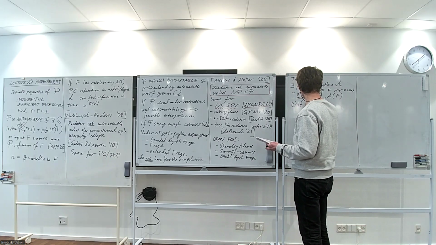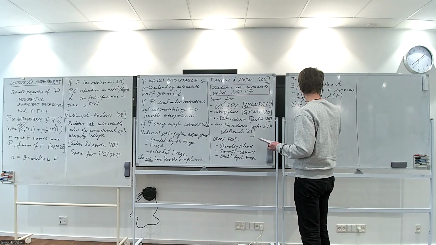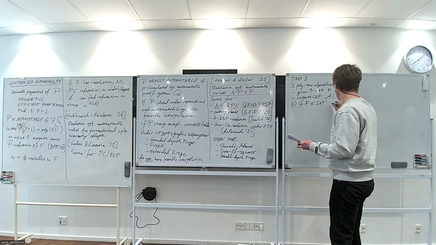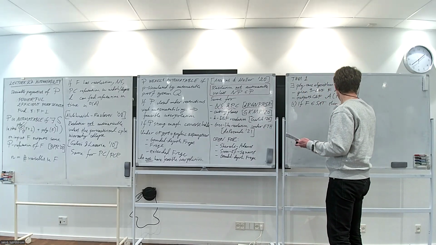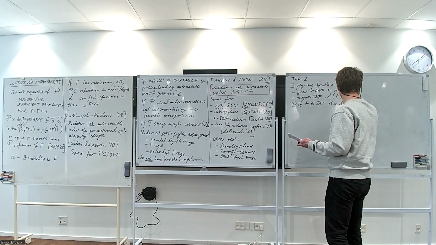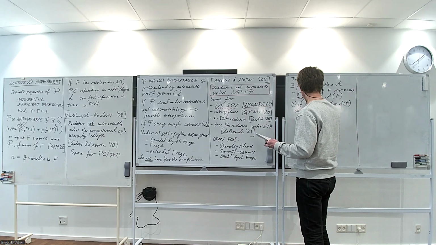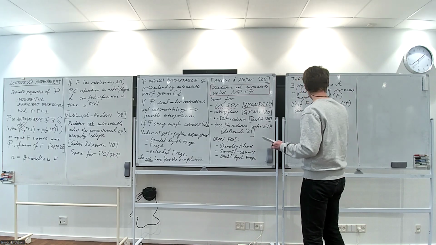So firstly, if F turns out to be satisfiable, if the input formula is satisfiable, then A of F has a short P-refutation.